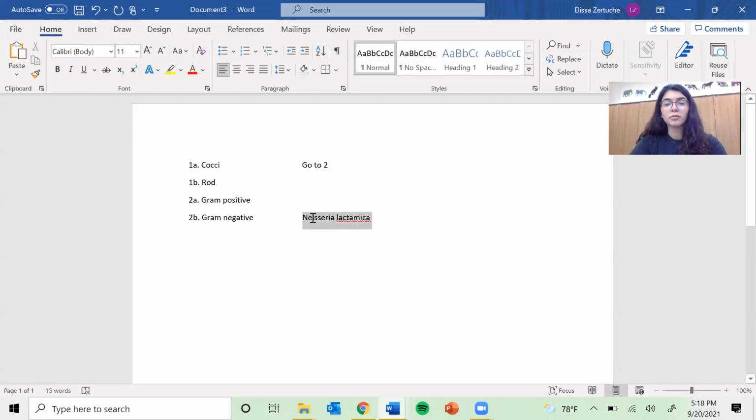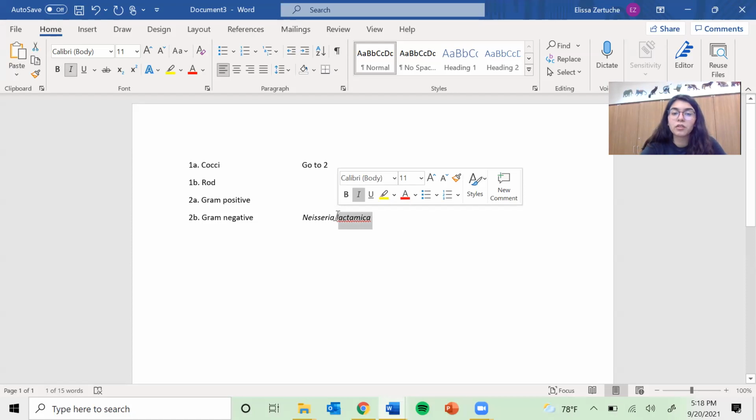And quick rule of thumb, whenever you're typing a bacteria species name, or any species name for that matter, whether it's a mammal or insect, anything with a species name, you want to have it italicized. If you're handwriting, which most of y'all are, you will underline.